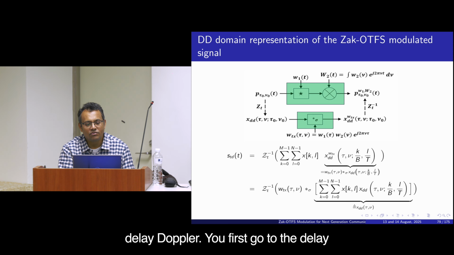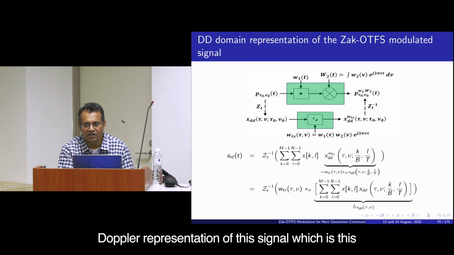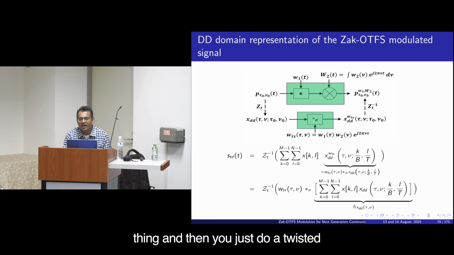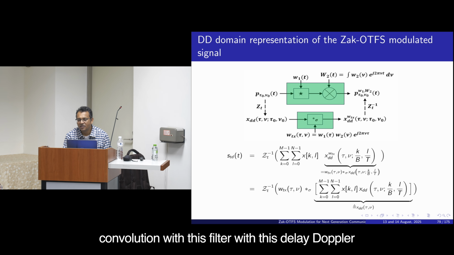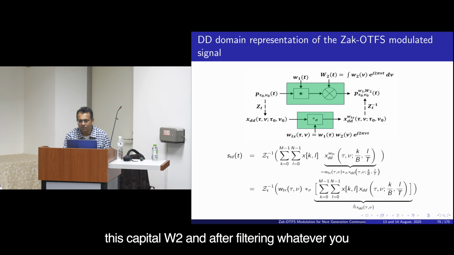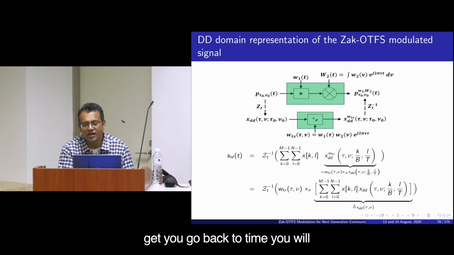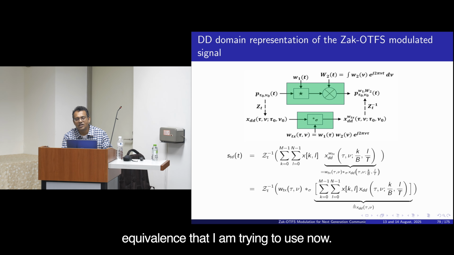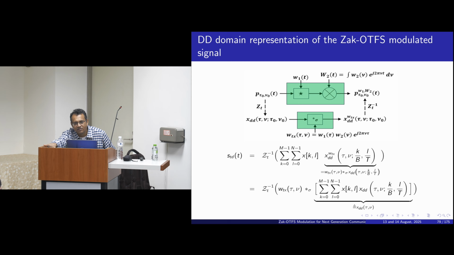You first go to the delay-Doppler representation of this signal, which is this thing, and then you just do a twisted convolution with this delay-Doppler filter, which is obviously related to, you see, the same W1 and W2. Of course, this W2 is the Fourier transform of this capital W2. And after filtering, whatever you get, you go back to time, you will exactly get this thing. So, this is the equivalence that I am trying to use now.